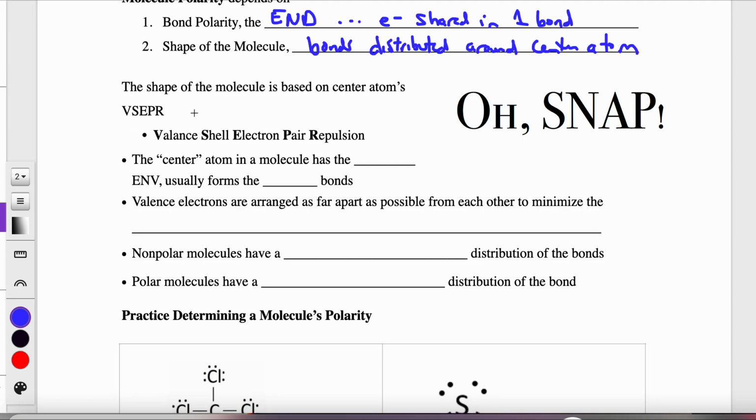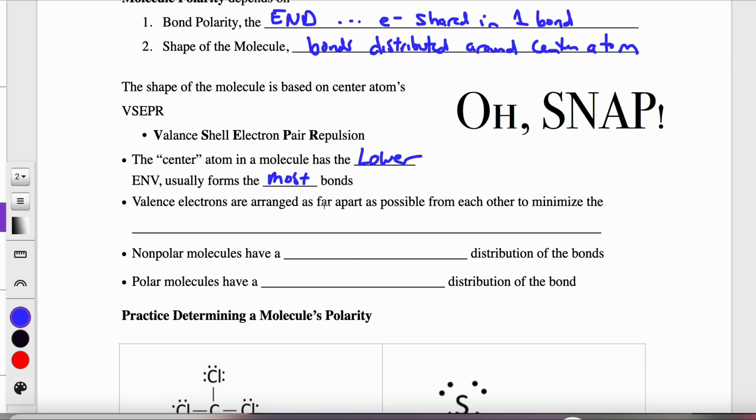So VSEPR stands for valence shell electron pair repulsion. So in a molecule, we identify the center atom, and it typically has the lower electronegativity, and it forms the most bonds. And we take a look at how these bonds are distributed around the atom.